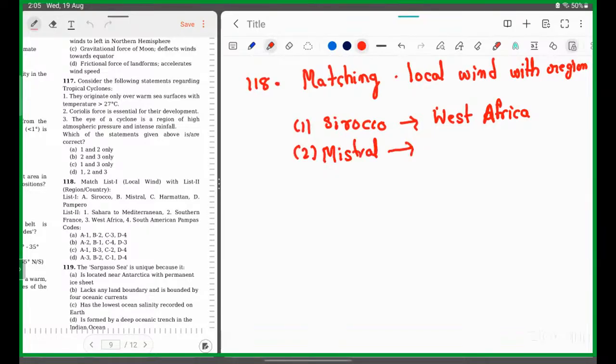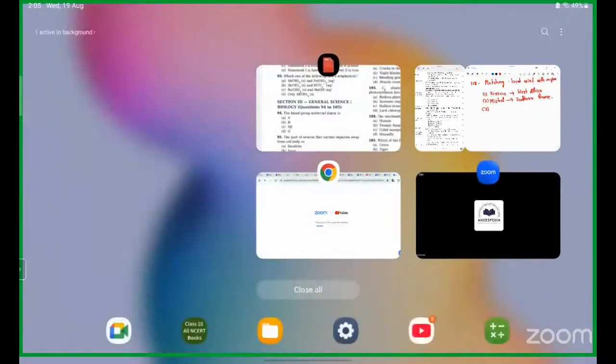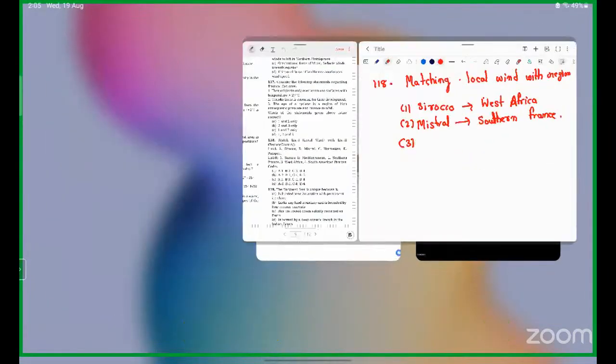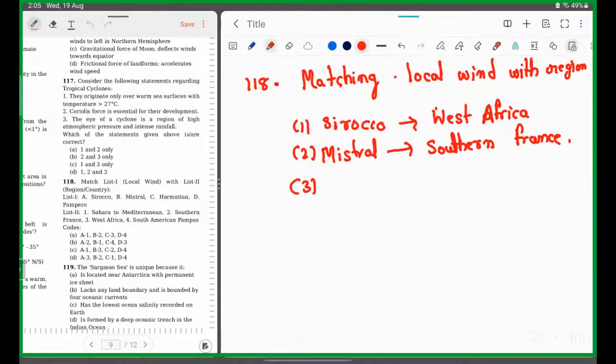It is a local name given to the region, southern France. Then third, Harmattan.